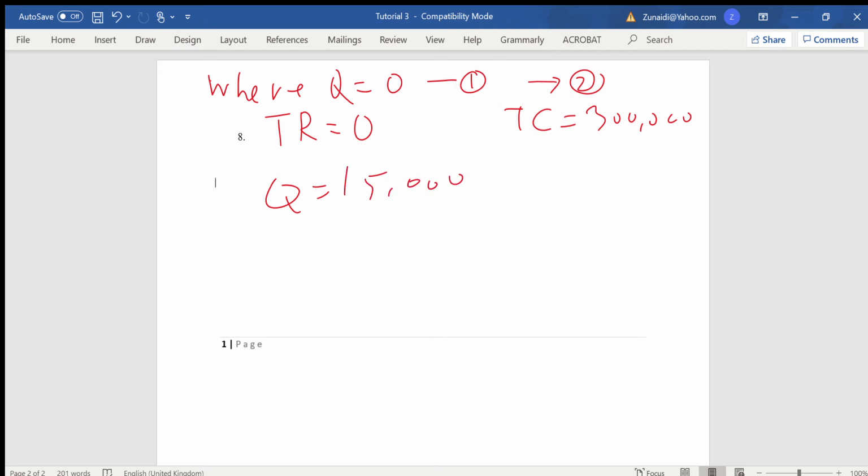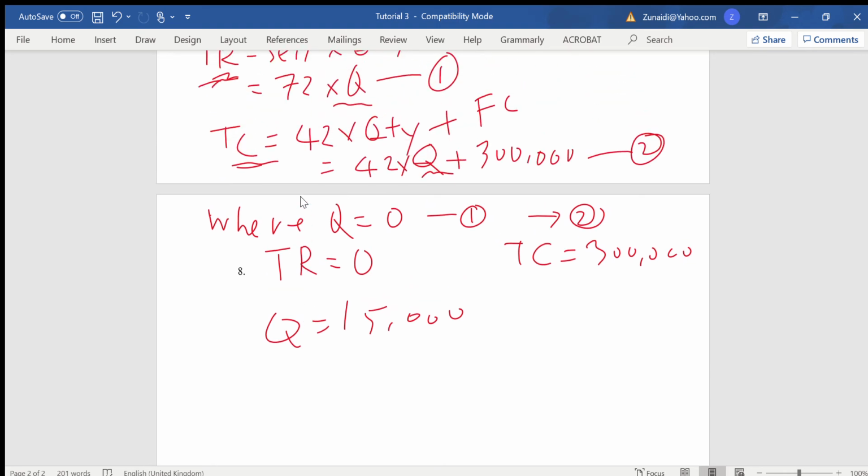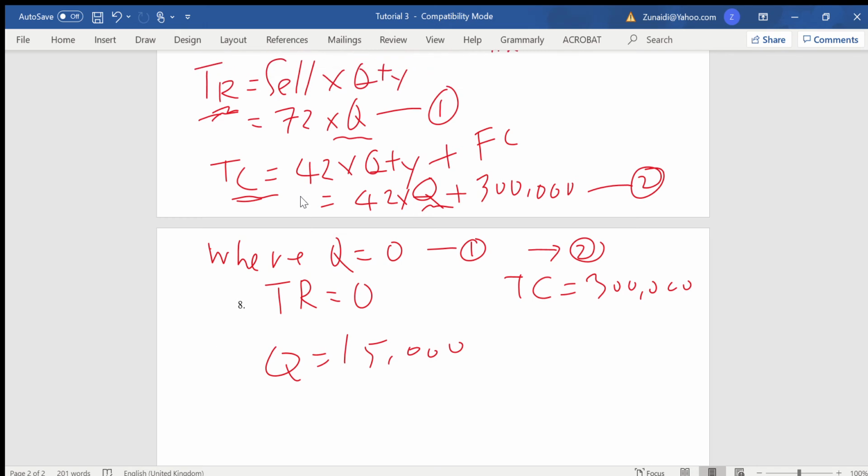So where Q equals 50,000, we can find TC by substituting this Q into the equation.